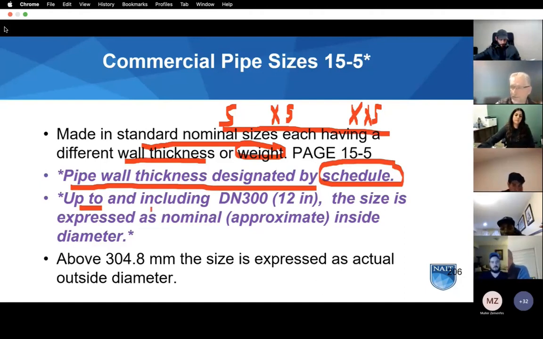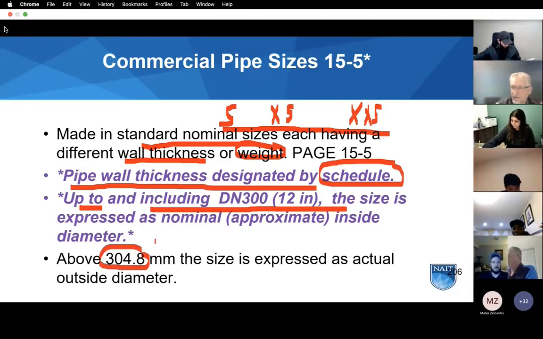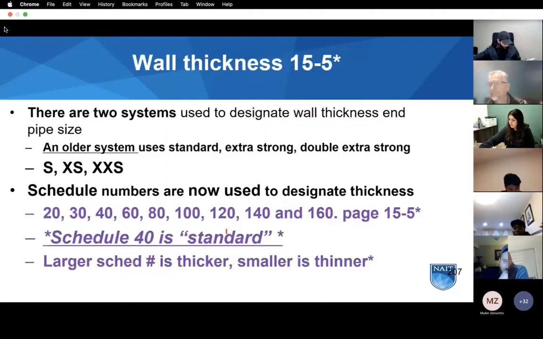And you'll note that up to and including something called DN 300 or 12-inch, the size is expressed as nominal inside diameter. The actual outside diameter is the pipe size when it is higher than that, so 14 inches and higher. Okay, and we'll have a look at the chart and I'll point that out.